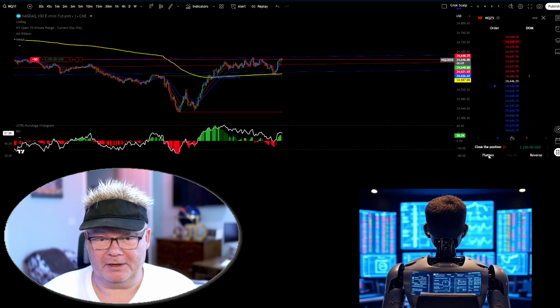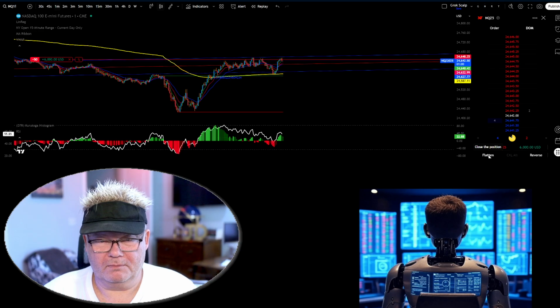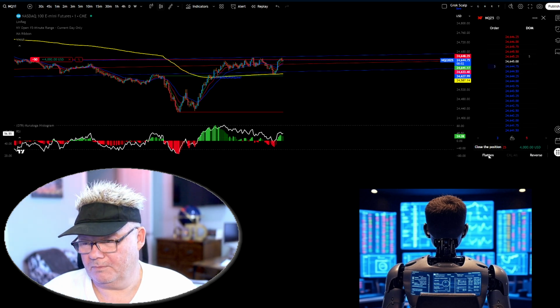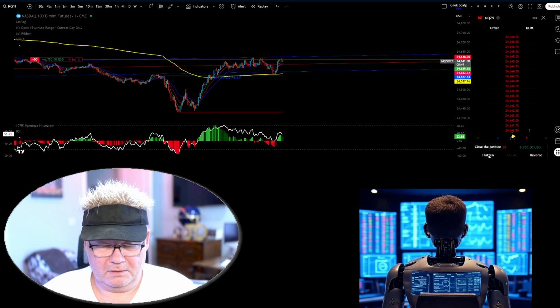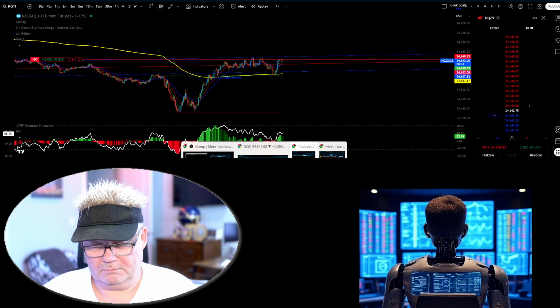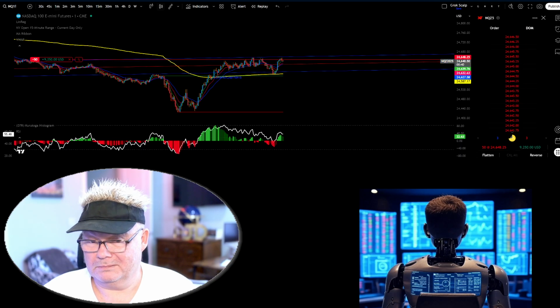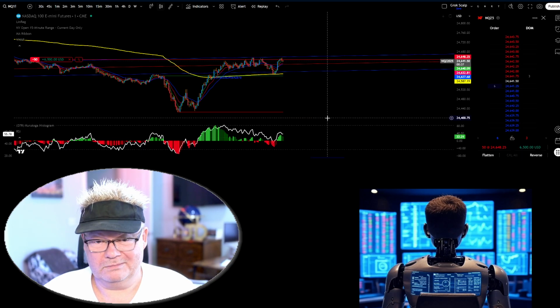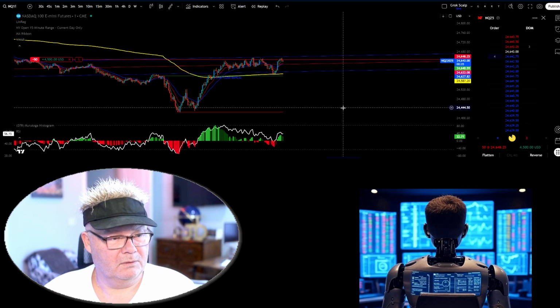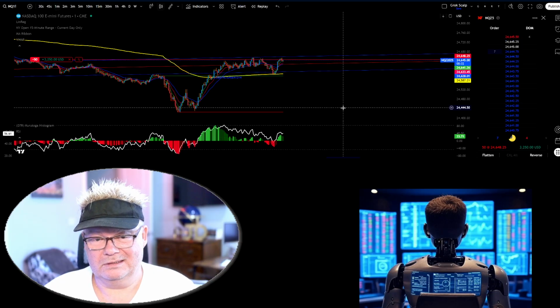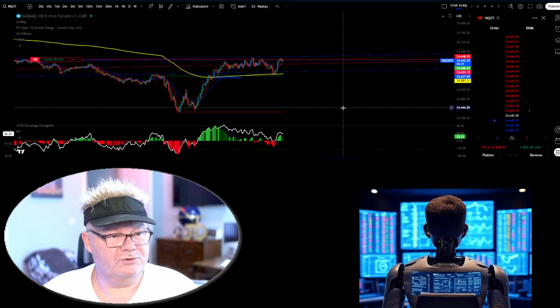Putting in a little bull flag there. Here it goes. Let's see what kind of sell-off we get back down there. Just drifting around here.